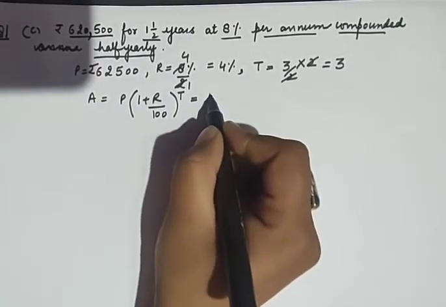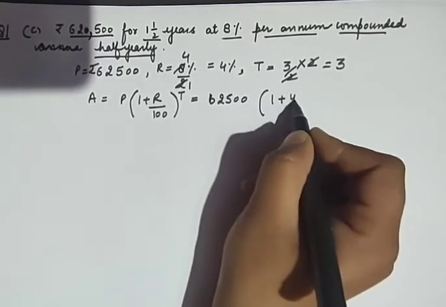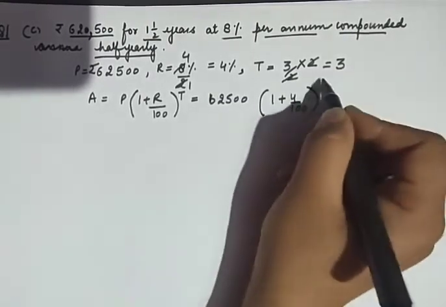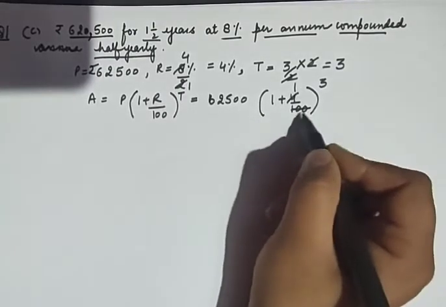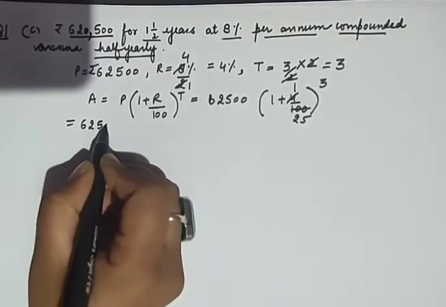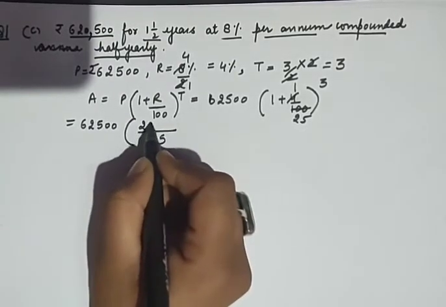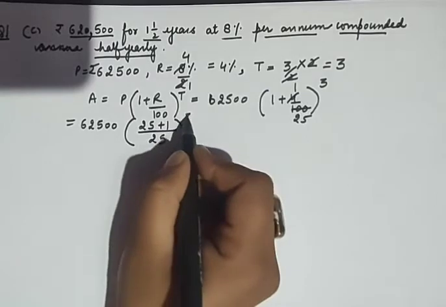So P, that is 62500, 1 plus 4 upon 100 raised to power 3 here. So 4 ones 4, 4 25s here. So it will be 62500. I'm taking LCM again. So 25 plus 1 raised to power 3 here.